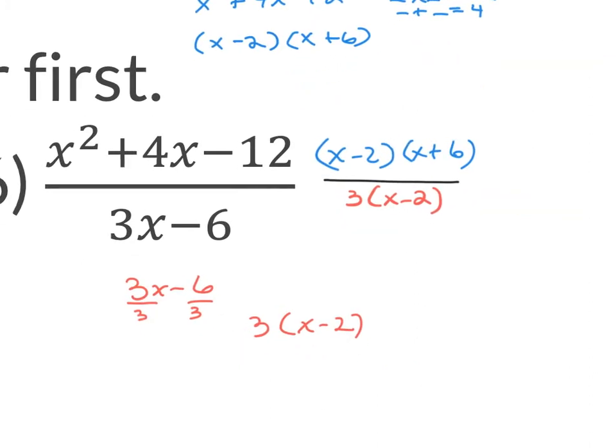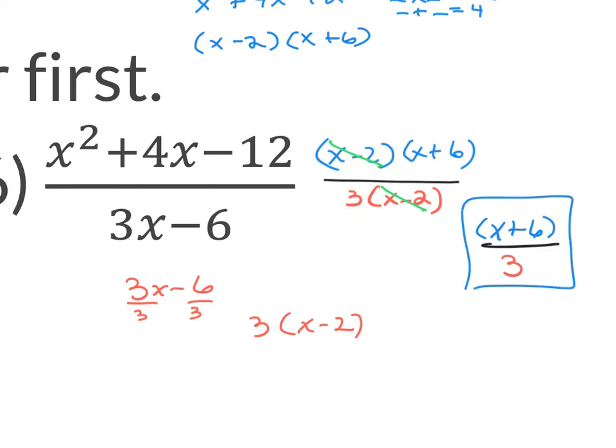So I can simplify the x minus 2's, and now I'm left with x plus 6 over 3. Common mistake, students are going to try to simplify the 6 and the 3. You cannot do this. This is attached. This is your final answer. Do not divide the 6 by the 3. It needs to stay like that.